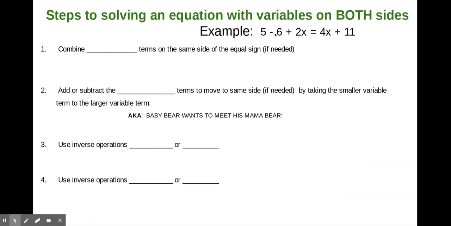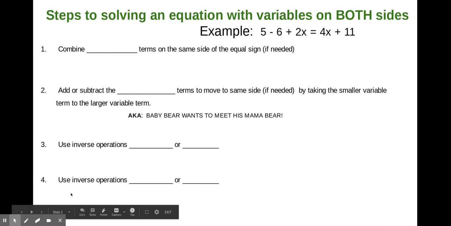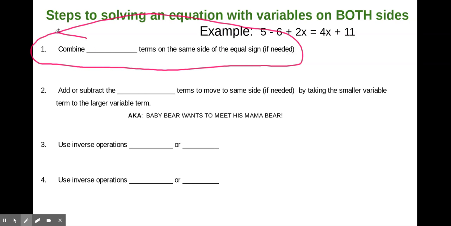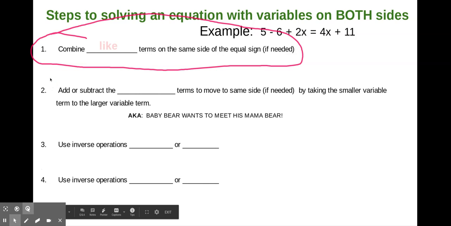Before we take a look at doing some examples, let's go back through our steps. What step is new today is this very first step. Our very first step says to combine like terms on the same side of the equal sign.